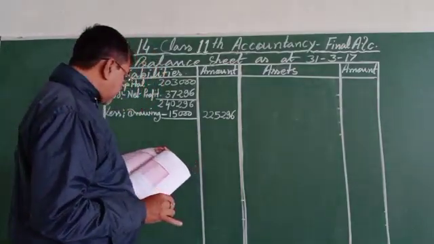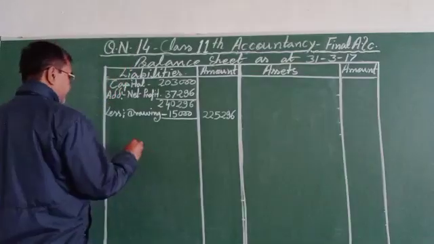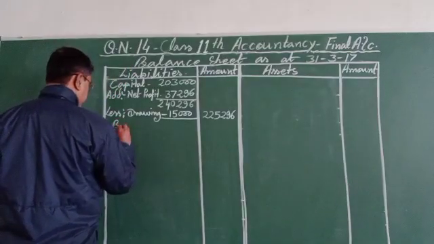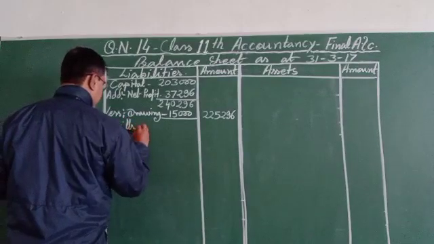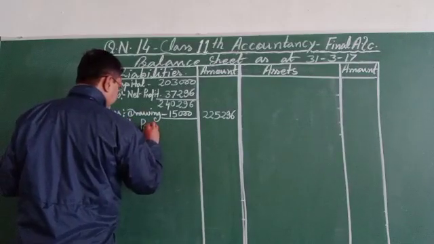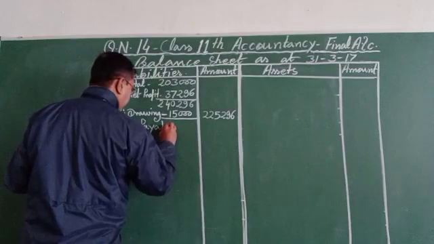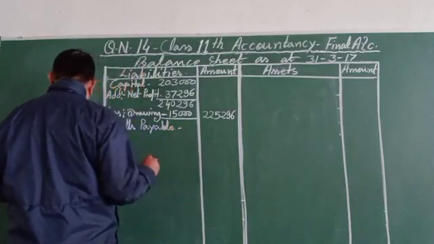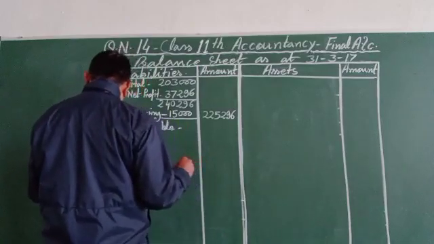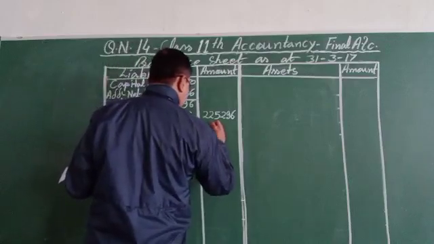Then bills payable, that is given 13,800.